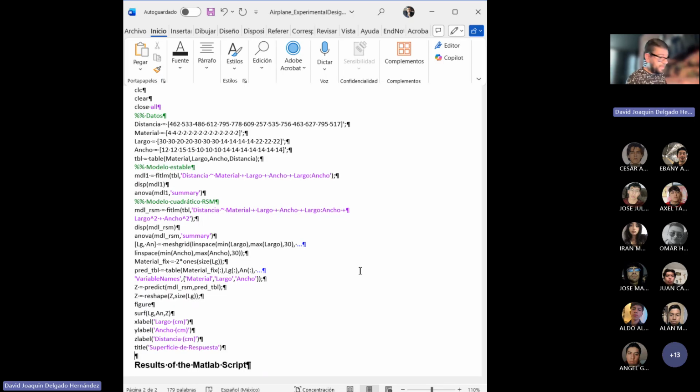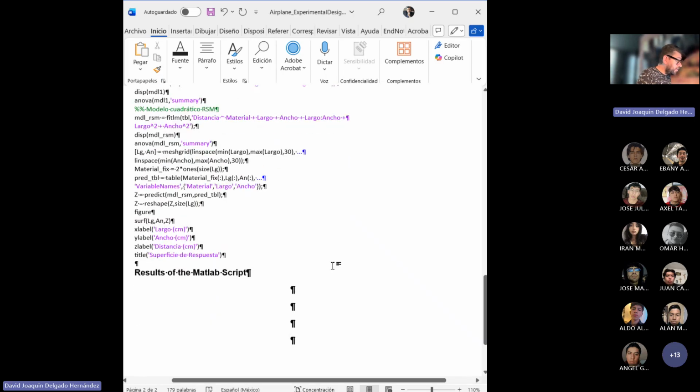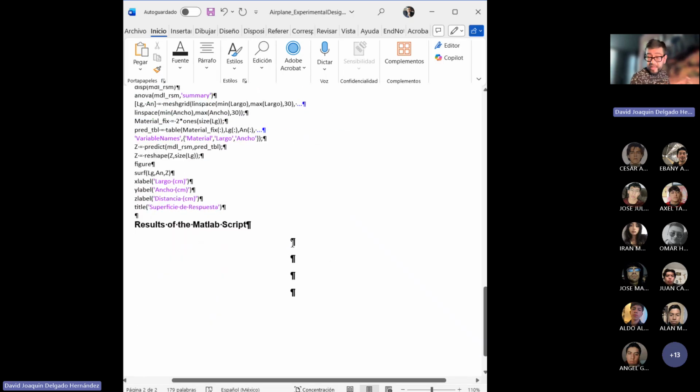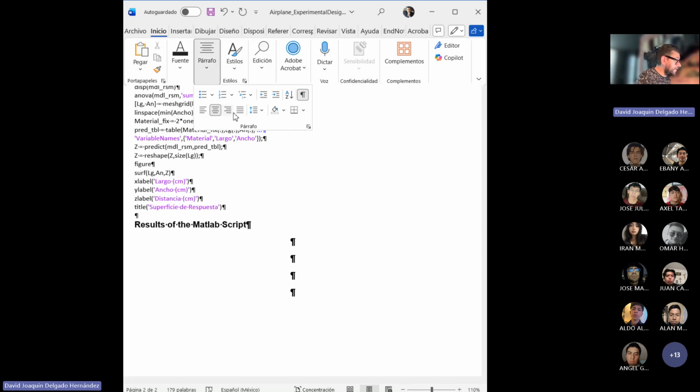But for the time being, what you should know is that MATLAB allows you to work with these results of the experiment, and you can also do it in Python. There are some different software that you can use. For instance, there is one called Design Expert, and it is explicitly designed to carry out this kind of analysis.